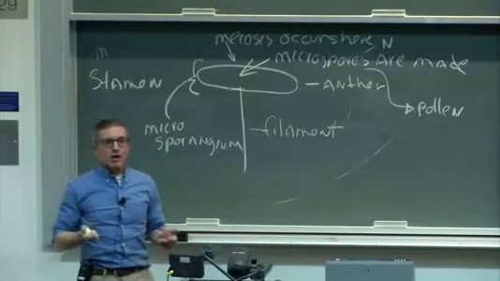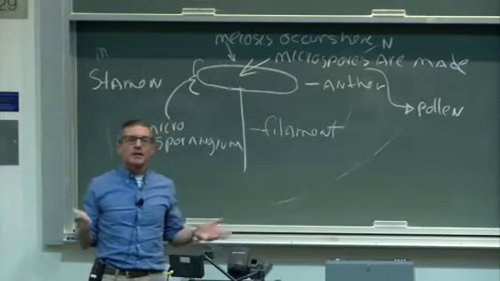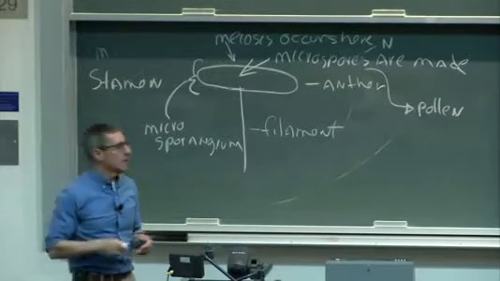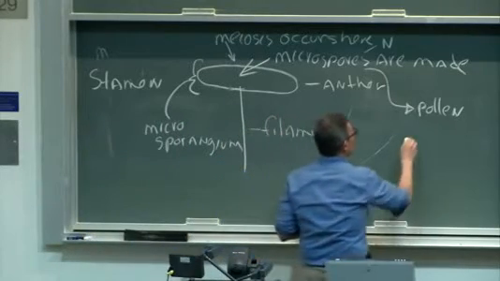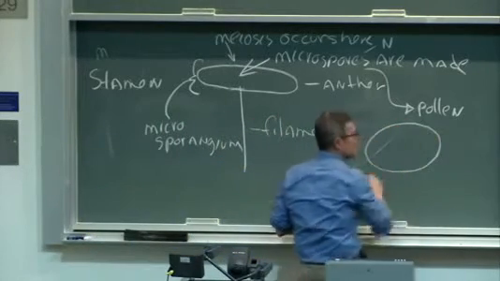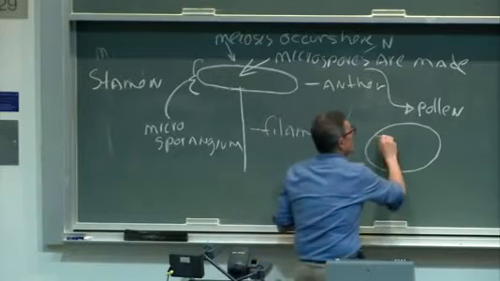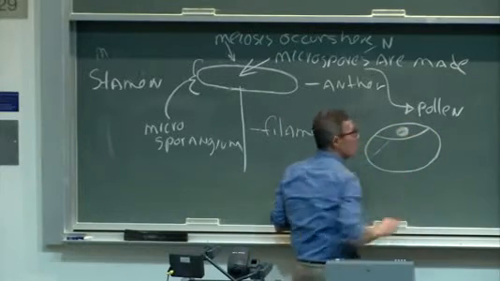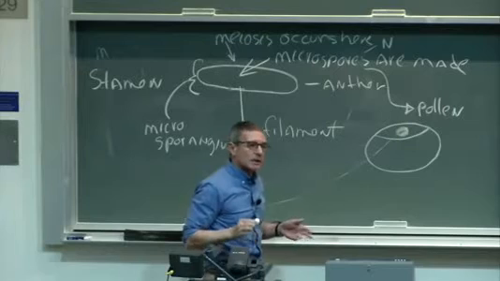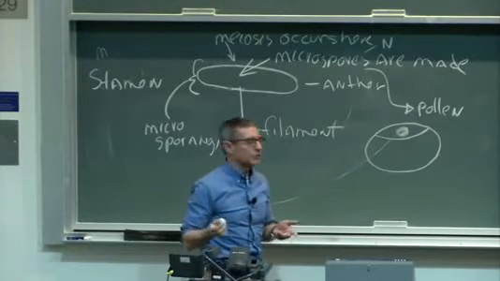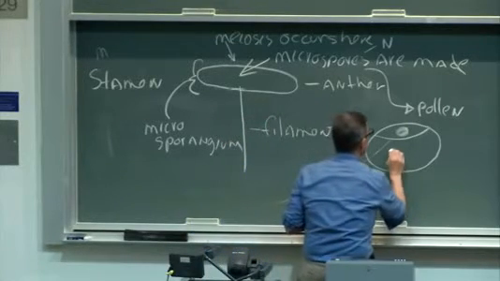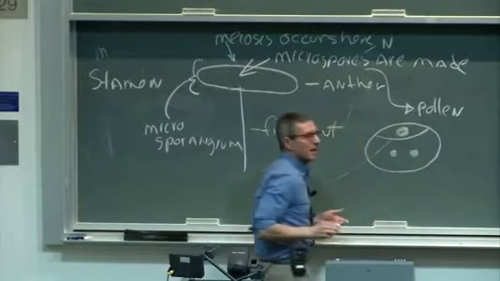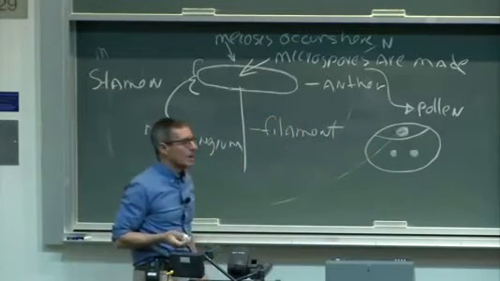And I'm going to draw a typical pollen grain, and then we're going to return to it in a moment. A typical pollen grain, once it is mature, and this can vary a lot, will have two cells, although not always. And this is just for our discussion here, I'm generalizing. Two cells, one of which has one nucleus, and one of which has two nuclei in them.